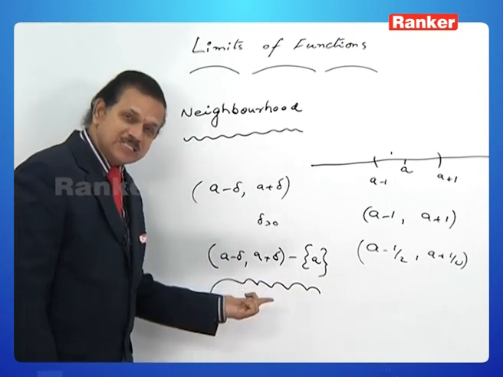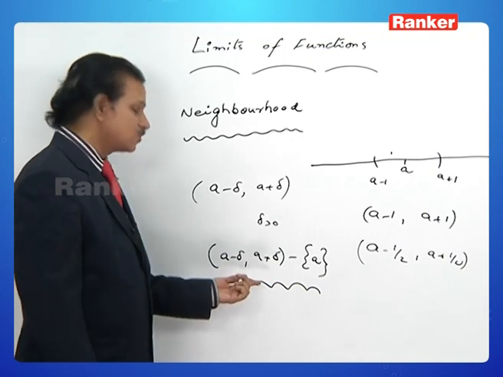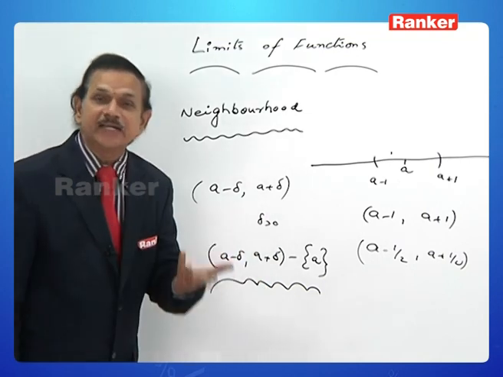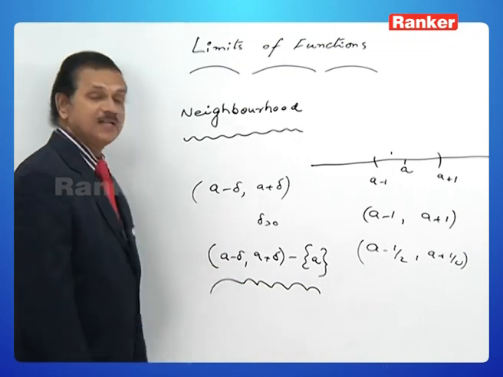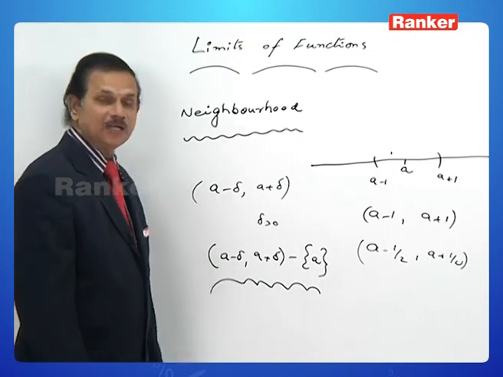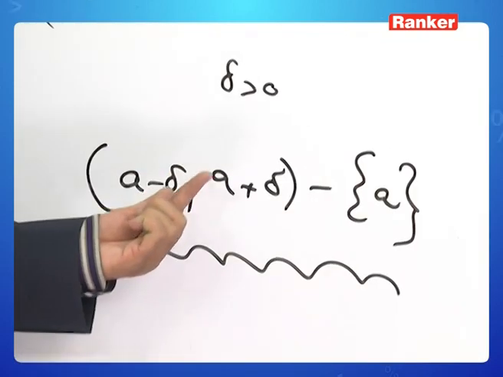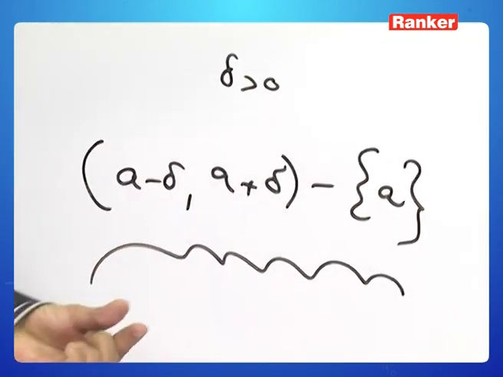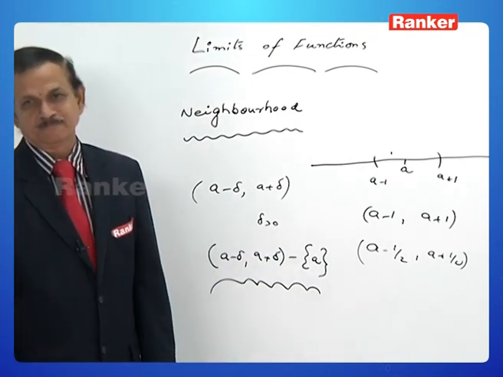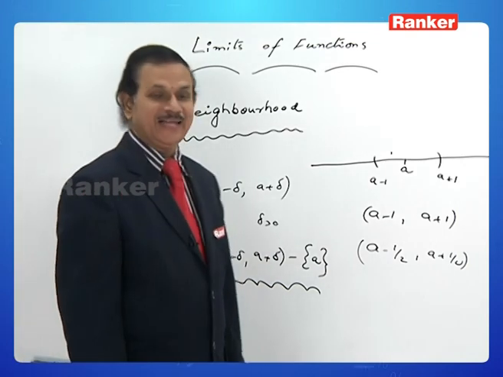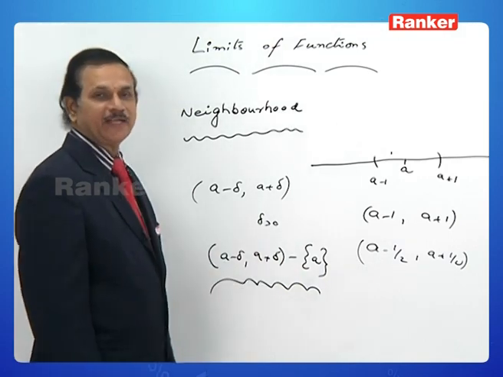Then this set is referred to as a deleted neighborhood of a, of course with radius delta and length 2 delta. The central position of this neighborhood, that is the point a, has been deleted from this. Such a neighborhood is called a deleted neighborhood of a.